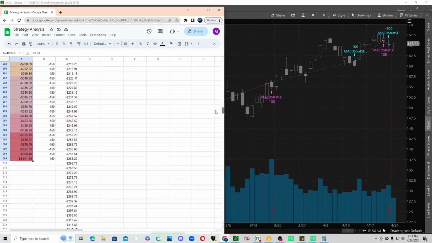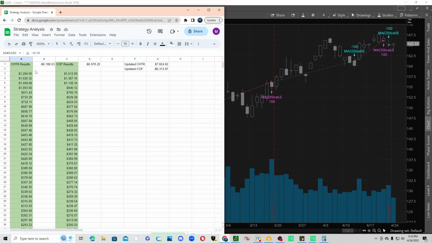You're just going to tell Excel to resort the results. You may have to separate them off, copy and paste them into a new sheet or something like that, but you basically reorganize them to where they're sorted from best result to worst result. And once you do that, you want to count how many wins you have and how many losses you have.